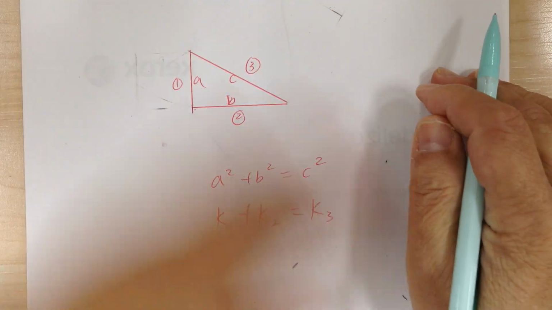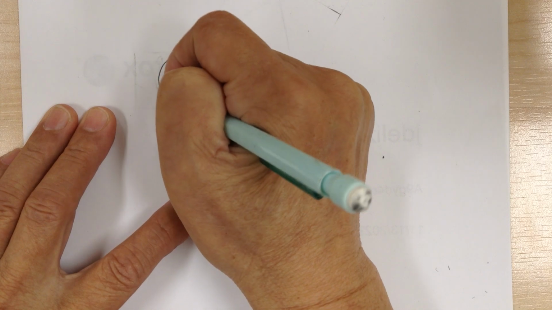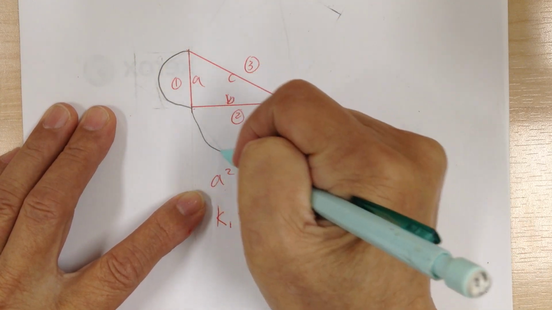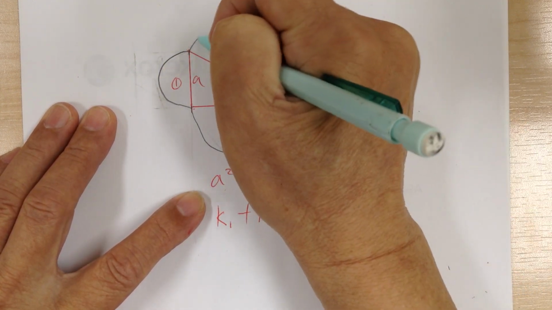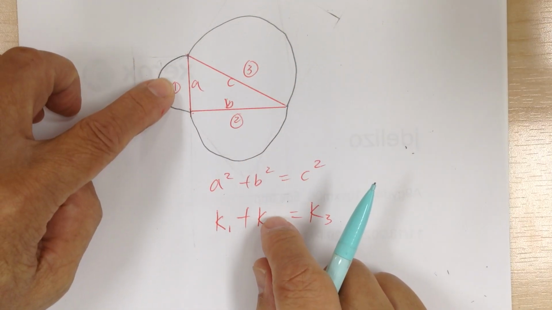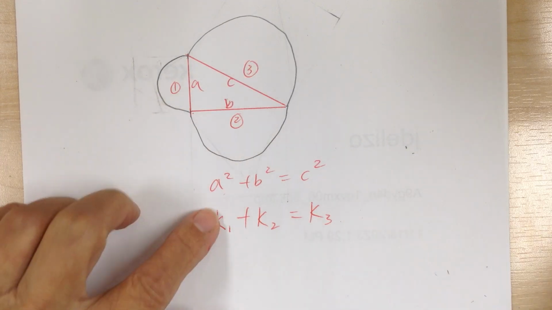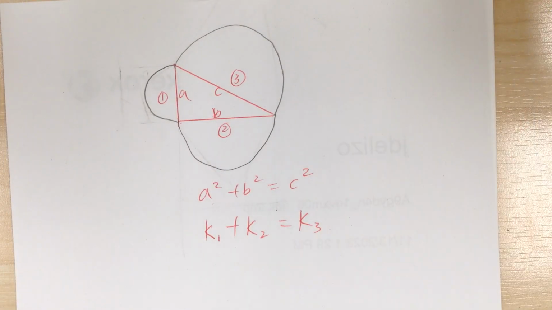You can even have semicircles. So the area of this semicircle plus the area of this semicircle equals the area of this semicircle. So again, that's an interesting thing about the Pythagorean theorem.